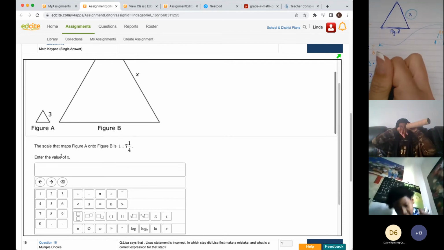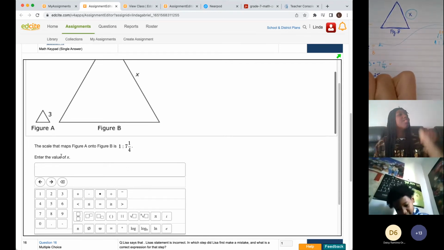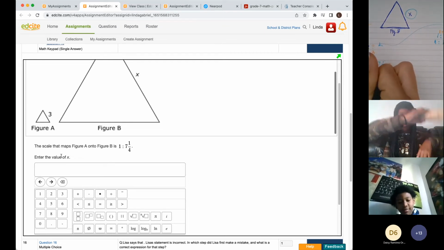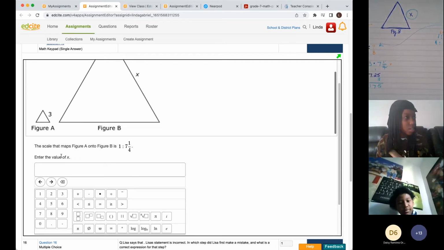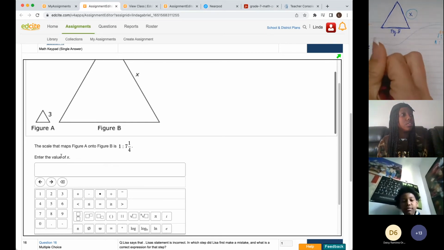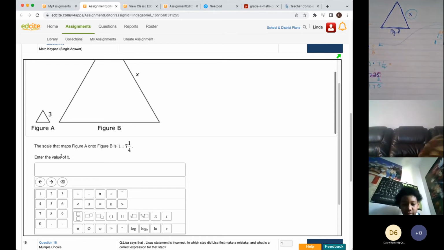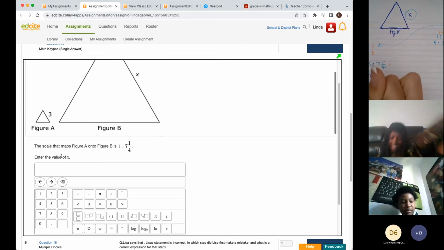Carry the 1. 3 times 2 is 6 plus 1 gives me 7. 3 times 7 is 21. And then I have 2 numbers behind the decimal point, right? I didn't make it 7 times 3.0, so I only need 2 numbers behind my decimal place. So I'm going to go 1, 2.